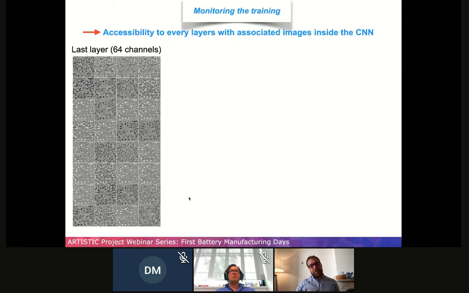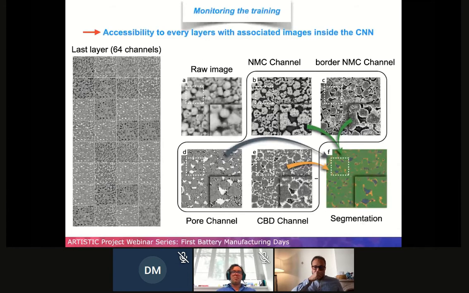So this ability to tune or optimize hyperparameters is very interesting. There is another aspect with SegmentPy, which is monitoring during the training. You have accessibility to every layer and can see the associated image inside the CNN. Here I just give you an example with the last layer. We can visualize the 64 channels and see, for example, how the phase is selected and how it is distributed in the image.